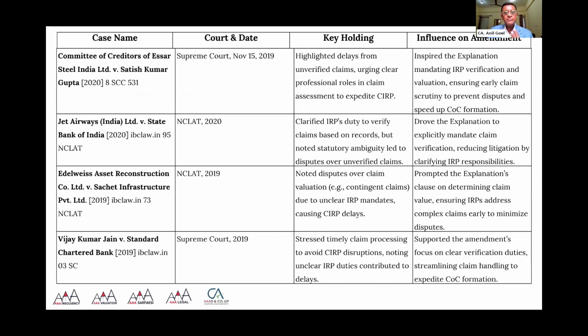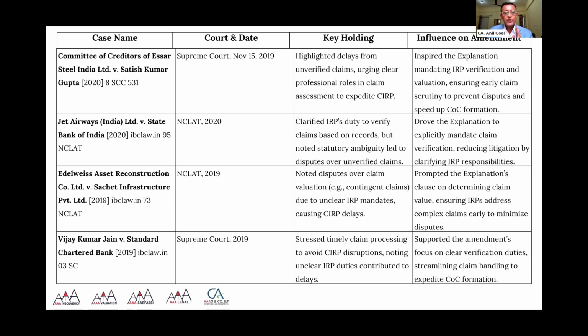So again, there are various judgments where it has been clarified many times, in the case of Satish Kumar Gupta, even the SR Steel, the Supreme Court highlighted that there were delays from unverified claims, urging a clear professional role in claim assessment to expedite CIRP. Again, in the case of Jet Airways, the court clarified the IRP's duty to verify claims based on records, but noted statutory ambiguity led to disputes over unverified claims.